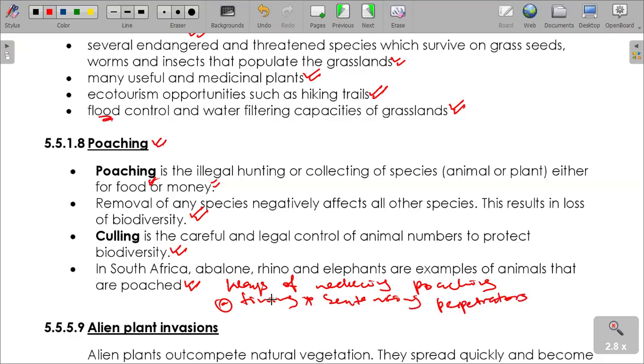People who are found poaching must be sentenced and must be fined heavily. So there must be deterrent processes or deterrent charges put in place to ensure that those people who are poaching don't do that. So we are saying fining and sentencing of perpetrators.